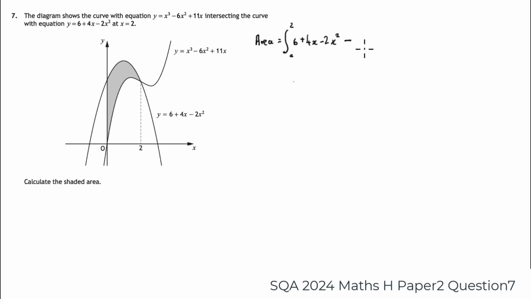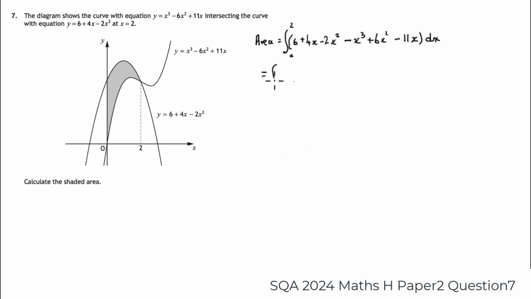Now that's the whole of this expression. So it'll be minus x cubed, subtracting negative 6x squared, that's like adding 6x squared, and subtracting 11x. So the whole of the bottom curve's equation gets subtracted.